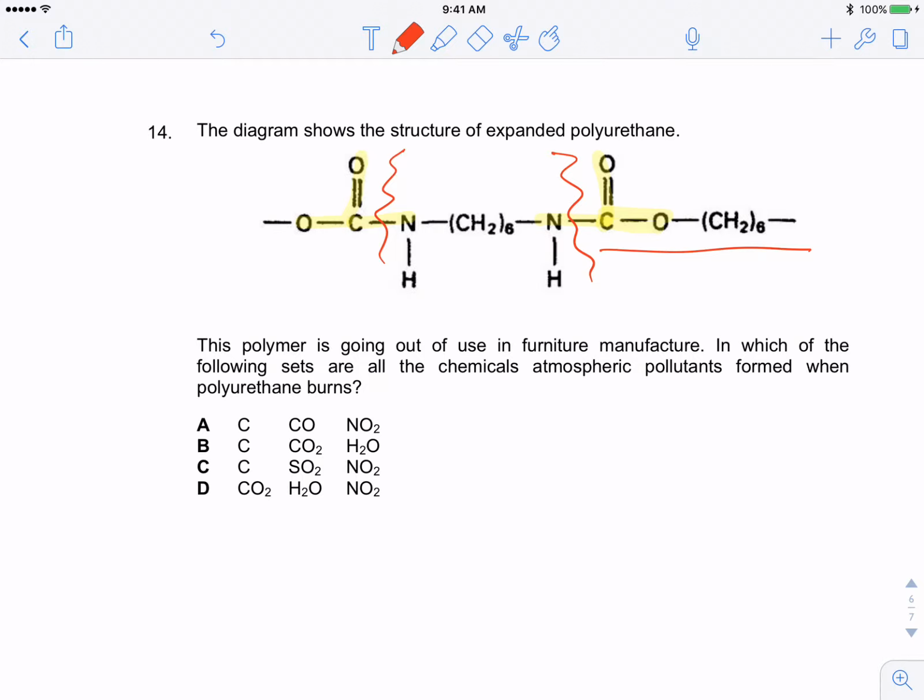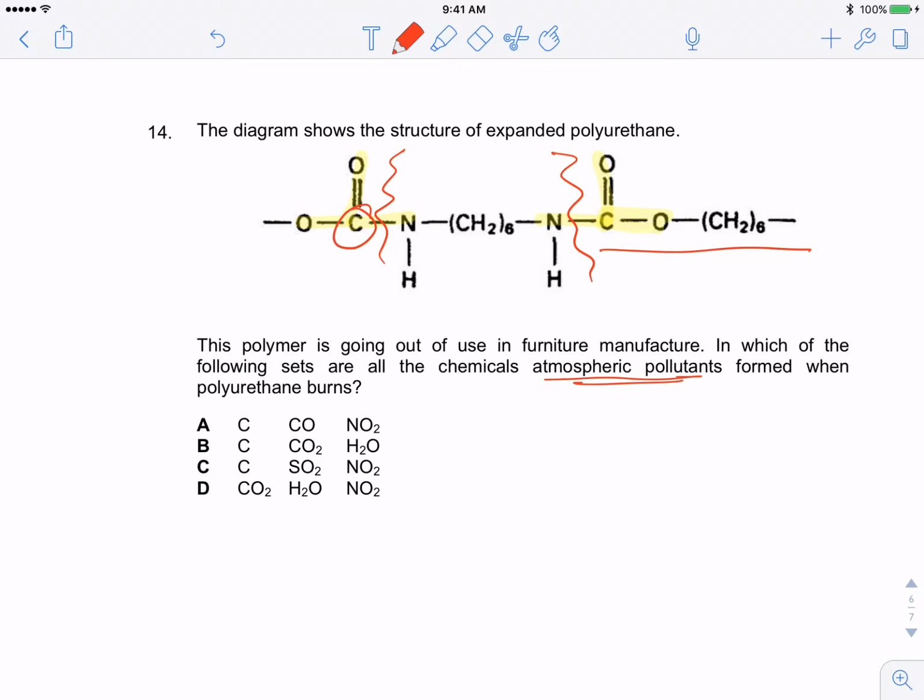This polymer is going out of use. Which of the following sets are all atmospheric pollutants when this burns? This is not even relevant to polymerization. You just need to identify the atmospheric pollutants formed when this burns.